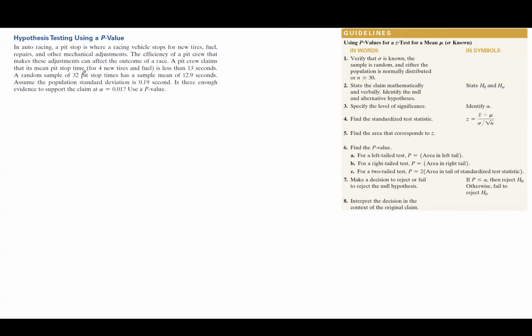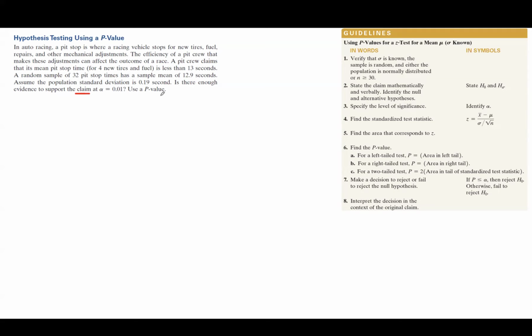A random sample of 32 pit stop times has a sample mean of 12.9 seconds. Assume that the population standard deviation is 0.19 seconds. Is there enough evidence to support the claim when alpha is 1%? And the question asks us to use p-value.